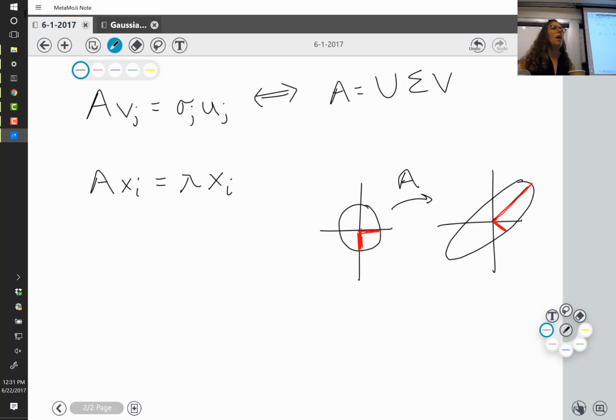So the elongation would be with respect to the original axes. I think the elongation is captured by the sigma. So I guess my question is, would you have a magnitude of 1 in this case? So U does have a magnitude of 1, yes.